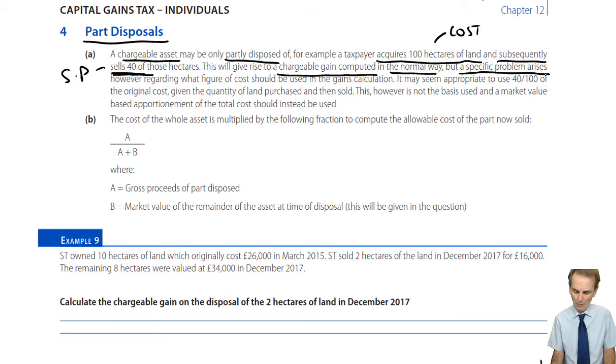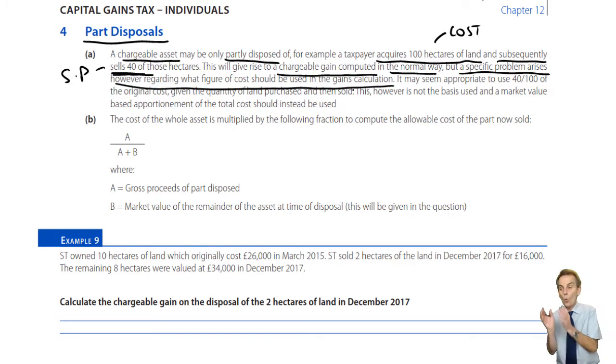But a specific problem, as we said, arises regarding what figure of cost should be used within the gains calculation. We know how much we have sold this part for, the proceeds on the 40 hectares. We know any selling expenses that we've just incurred. What we don't know is what cost should we use for 40 hectares when the cost that we have is that of 100.